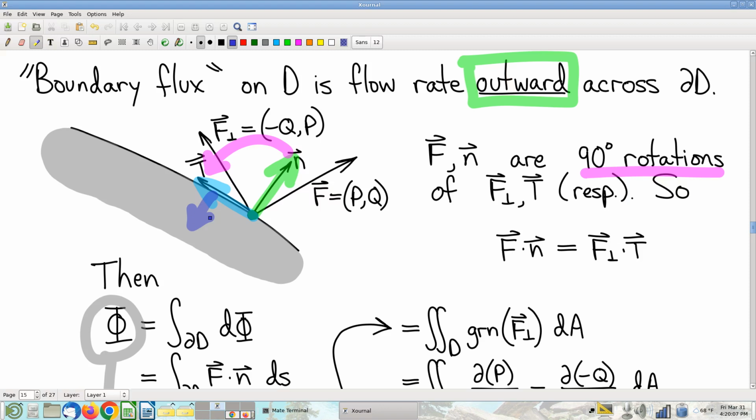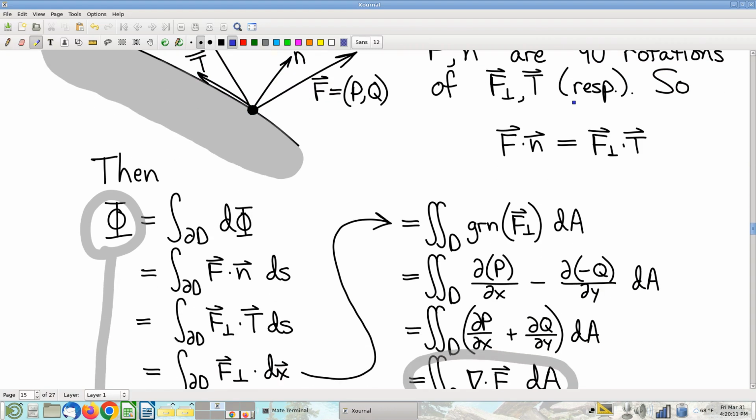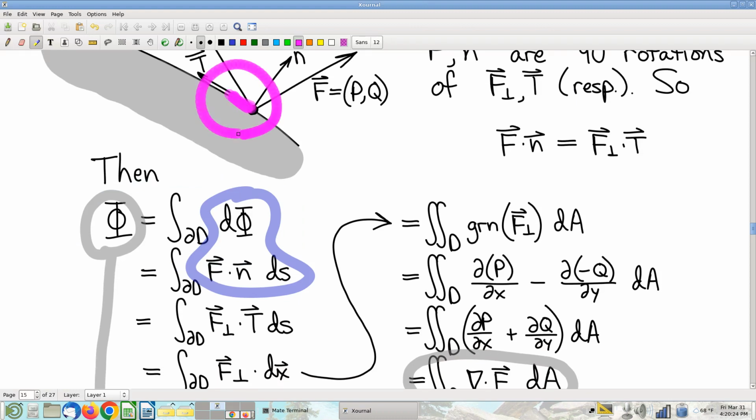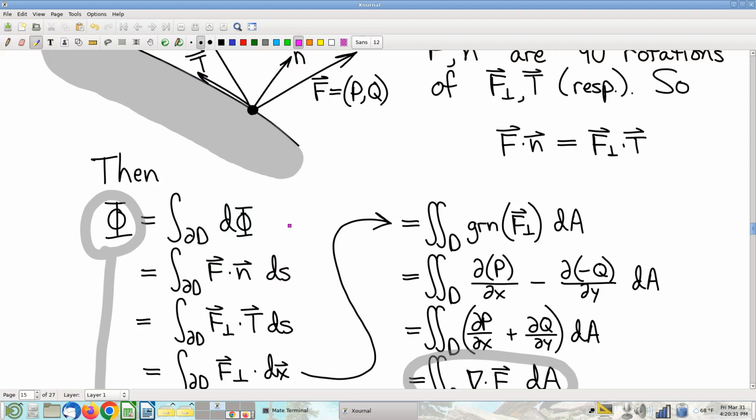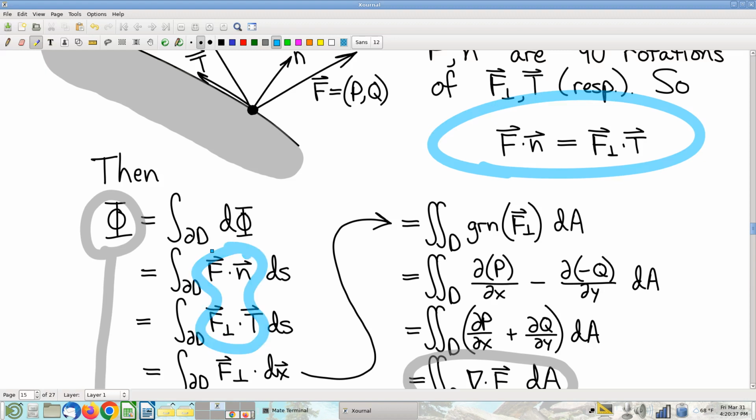All right. Okay. So with that established, if I want to compute the grand total flux over the entire curve from the previous page, flux is F dot n times length. If I'm looking at a short little piece of curve there, that length is ds. And here's the big payoff. These being equal means those are equal.